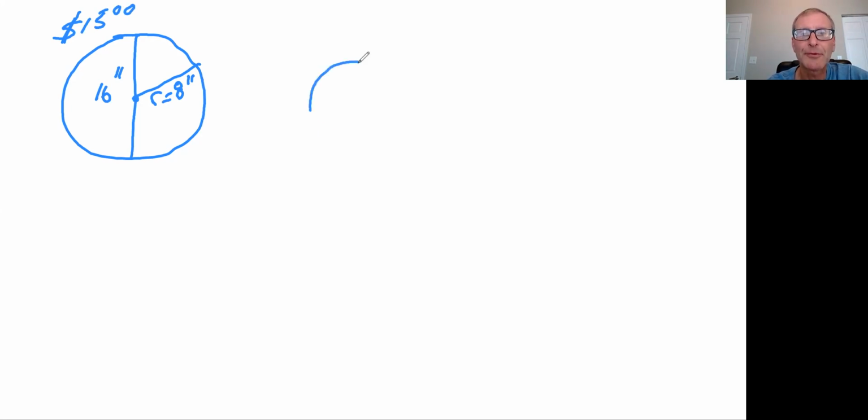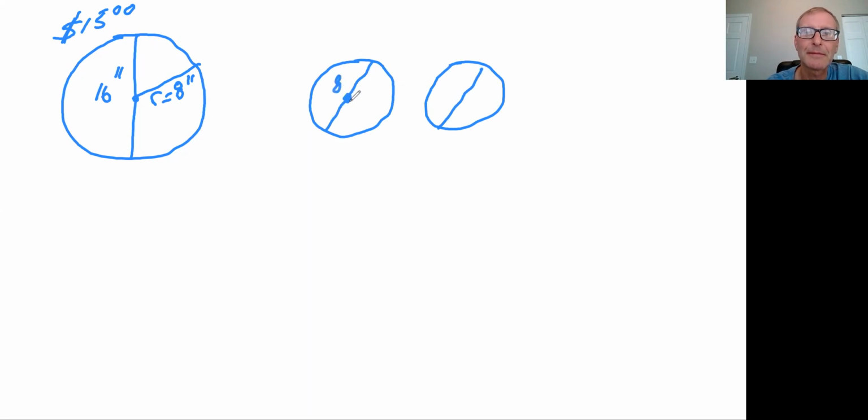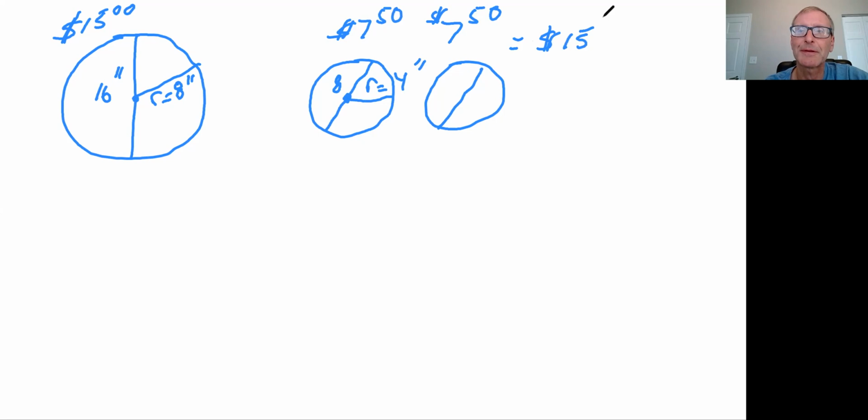Or you have 2 8-inch diameter pizzas. So if this is 8, the radius would be 4 inches. And so this one would be $7.50, and this one would be $7.50. So each one you're spending the same amount of money, $15. You can get 2 mediums for $15, or you could get 1 large for $15.